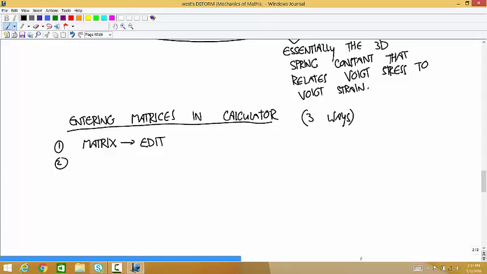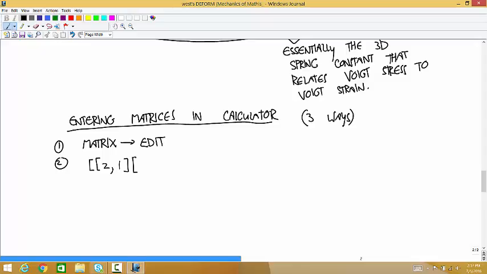The second way is to enter a single outer bracket for the whole matrix, and then inner square brackets for the rows. So if you do open bracket, 2 comma 1, close bracket, that means that's the end of the first row.